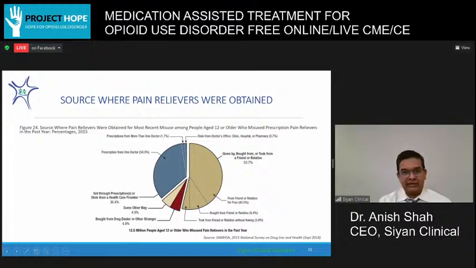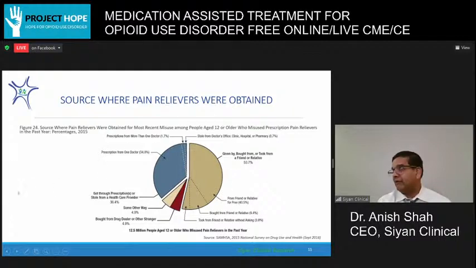Now, this is also interesting data that I wanted to point out. If you look at the statistics about how patients receive opiates, there are 2 categories which really stand out. One is opiates that were given, brought in, or taken from a friend or relative, about 53.7% of the patient population.